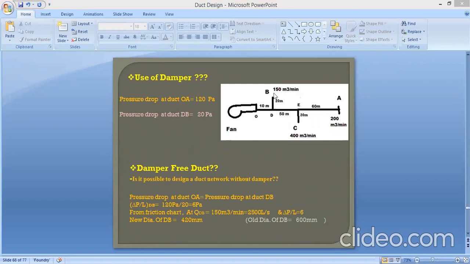This is called damper free networking. That is also something you can do while designing the duct.